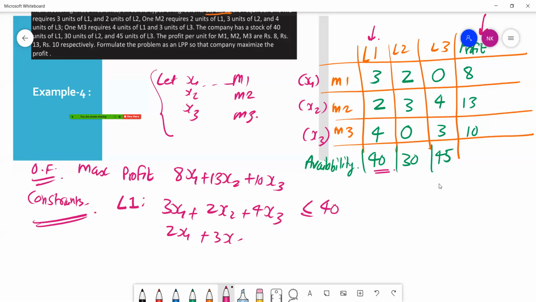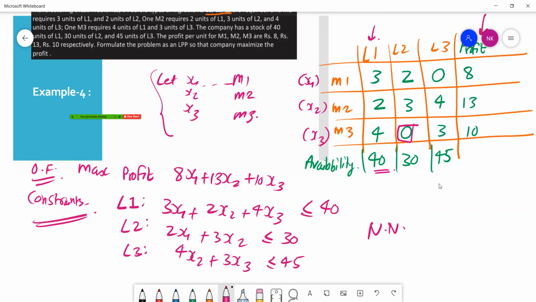2x1 plus 3x2 must be less or equal to 30. I need not write 0 times x3 over here because 0 into x3 doesn't mean anything. So this is for L2. For L3, you need to write 4x2 plus 3x3 less or equal to 45, because 0x1 doesn't mean anything.